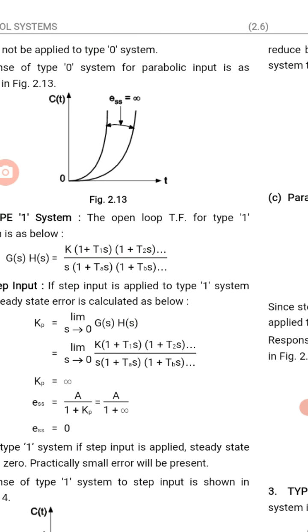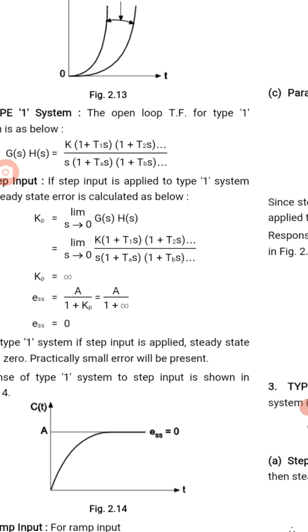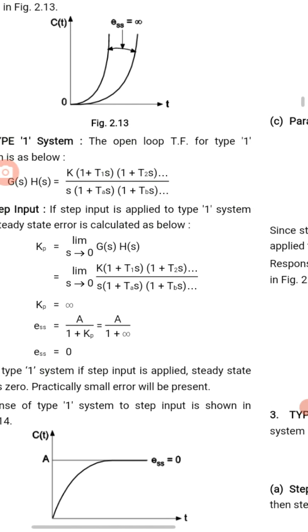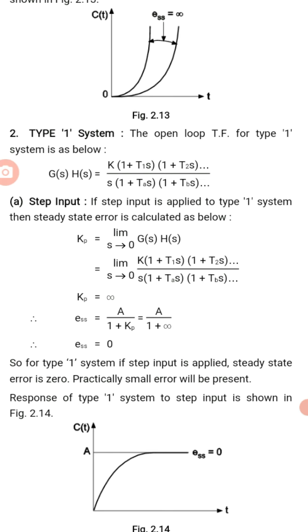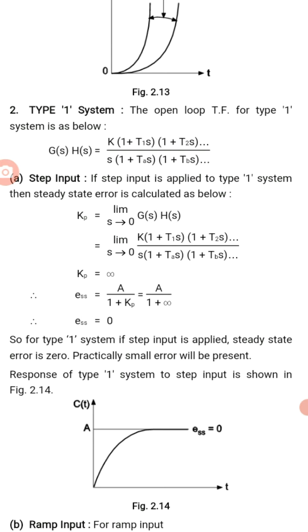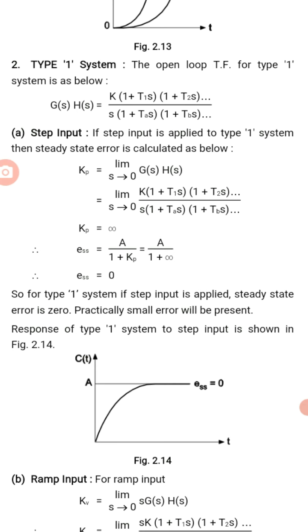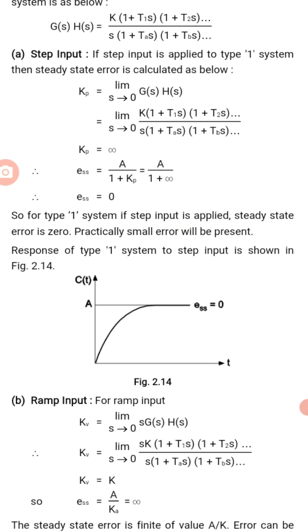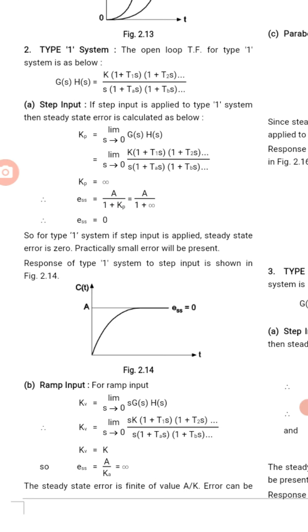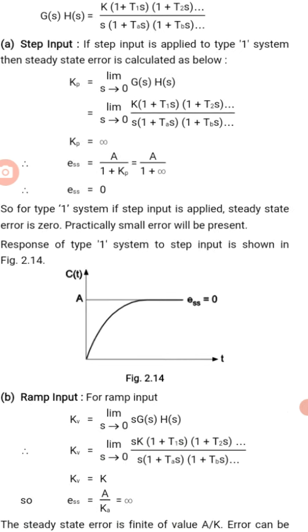Then error signal is becoming infinity, so that it is not recommended. ESS is equal to A upon 1 plus infinity, and so if input is step input, steady state error is 0.